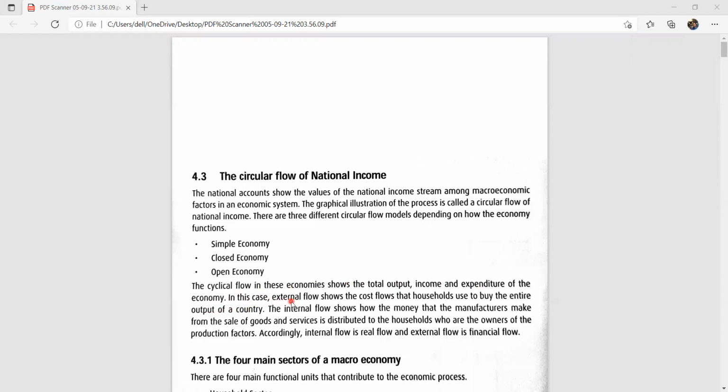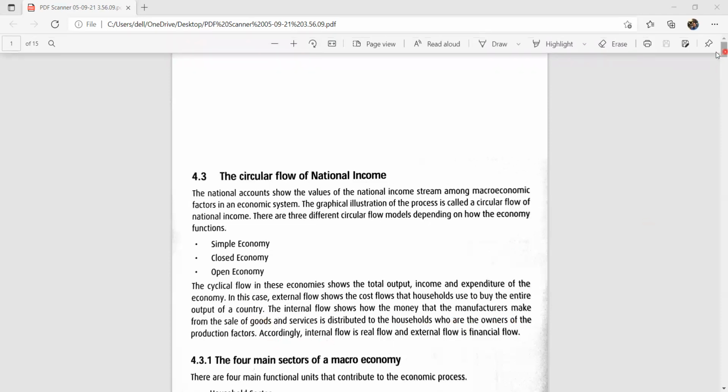In this case, external flow shows cash flows that households use to buy the entire output of a country. The internal flow shows how the money that manufacturers make from the sales of goods and services is distributed to the households who are the owners of the production factors. Accordingly, internal flow is real flow and external flow is financial flow.